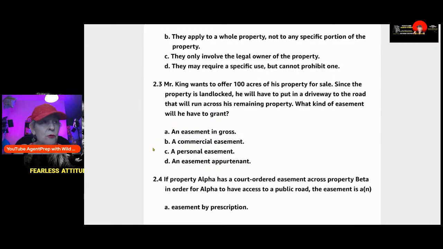A, an easement in gross, B, a commercial easement, C, a personal easement, or D, an easement appurtenant. And what is appurtenant? What is a personal easement? What is a commercial easement? What is an easement in gross? No, it is not C.